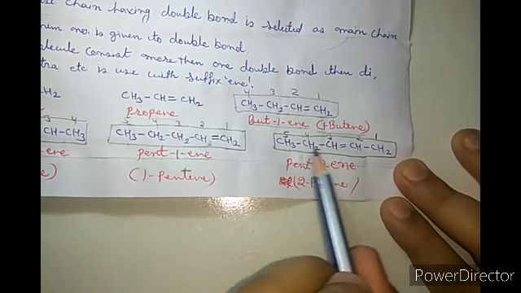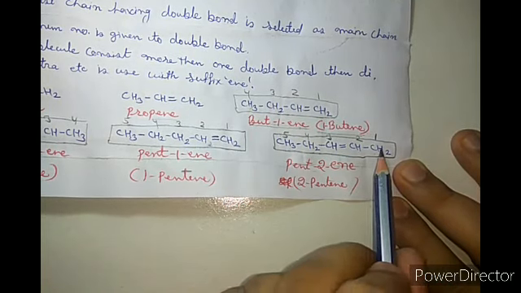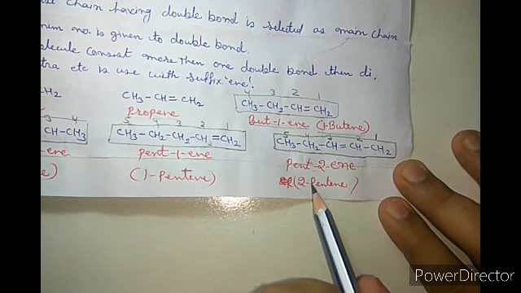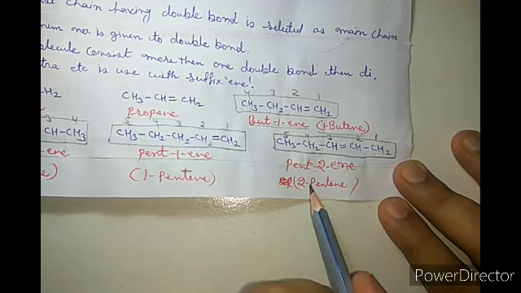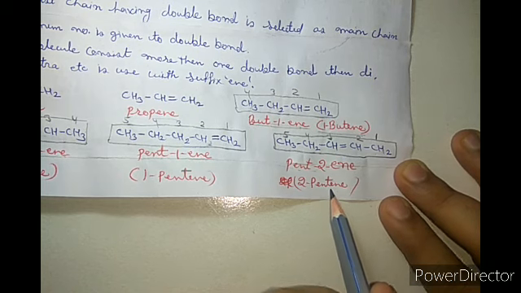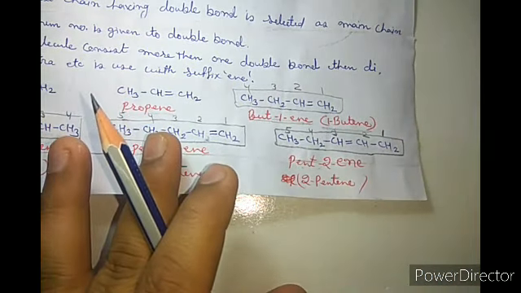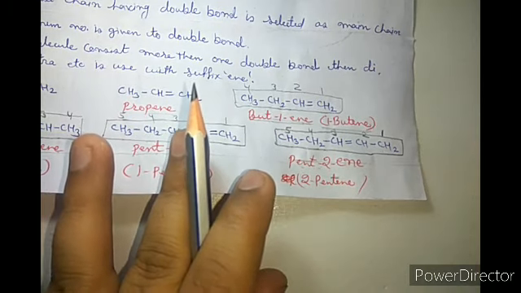So 5 carbons, pent, double bond on the second number. So that is 2-ene. The name becomes pent-2-ene, or we can also say 2-pentene. Got it? Understand? Now let me discuss some more examples.